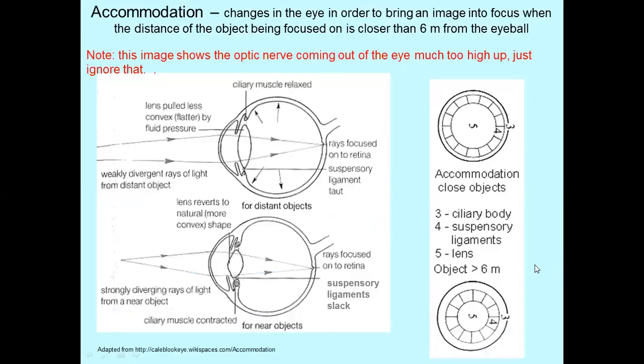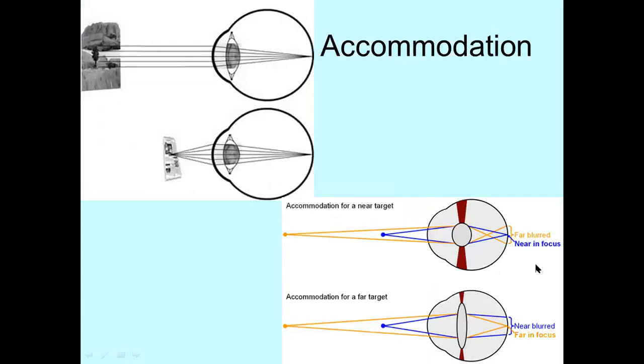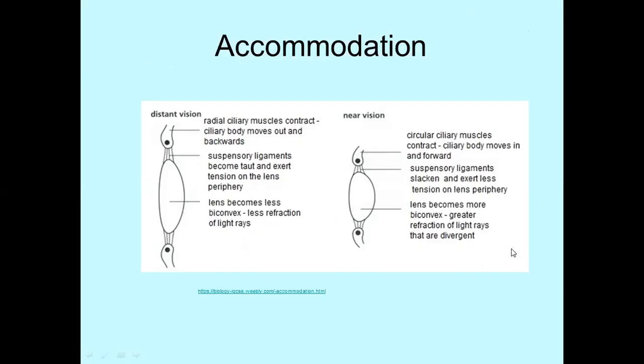And then the opposite happens when looking from an object that is closer than 6 meters to an object that is further than 6 meters away. So if you were looking at your book and then you looked outside to look at the white eye that is busy eating aphids on the bottle brush outside the window, and that's further than 6 meters, then the opposite thing would happen.